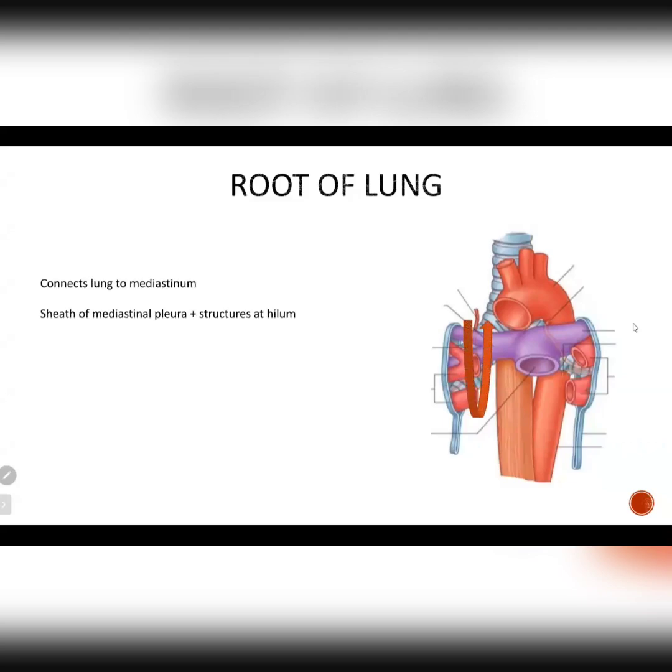This will be a little more evident if you see the dissection video we'll be sending you this week. All the structures that I told you at hilum, that is the pulmonary artery, the pulmonary vein, the bronchi, they're all structures from the mediastinum which enter into the lung or structures which leave the lung.